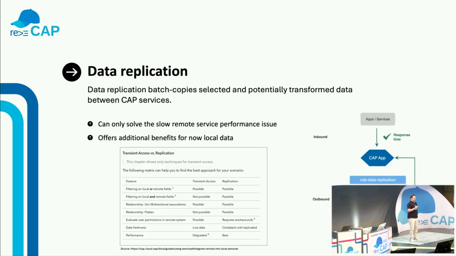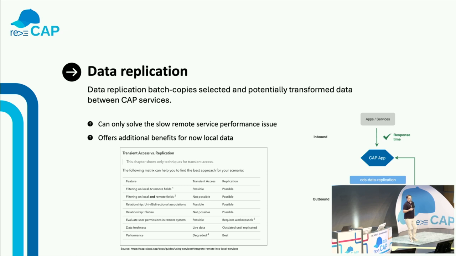The other idea to solve this problem is through data replication. While this does not tackle all of those three problems, it mainly addresses the slow remote services. Instead of fetching the data at runtime all the time, you create local copies, right? So you replicate the data to your local database to avoid calling those slow remote services all the time.